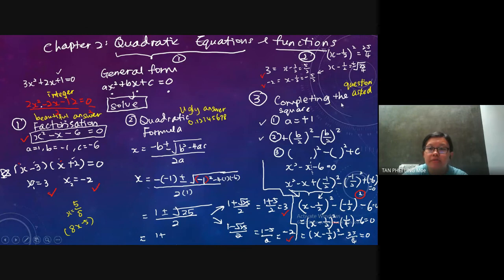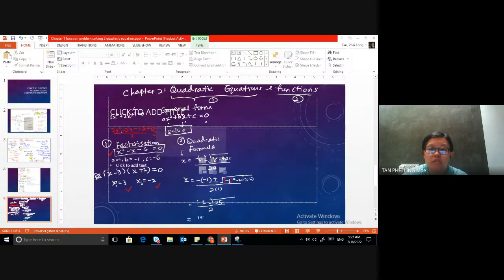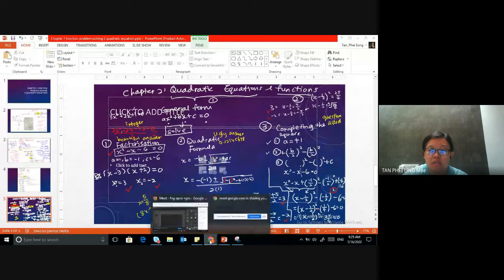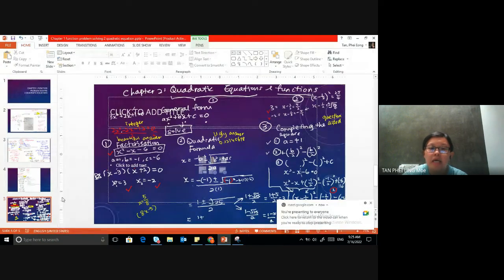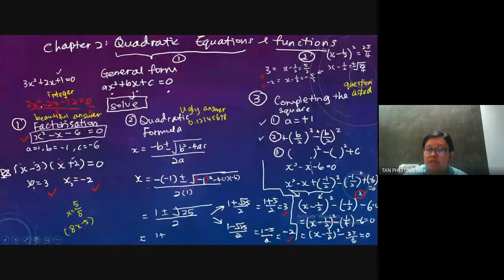Am I right? So remember that you don't usually use completing the square unless the question mentions it, or unless the question asks you to express your final answer in this way.